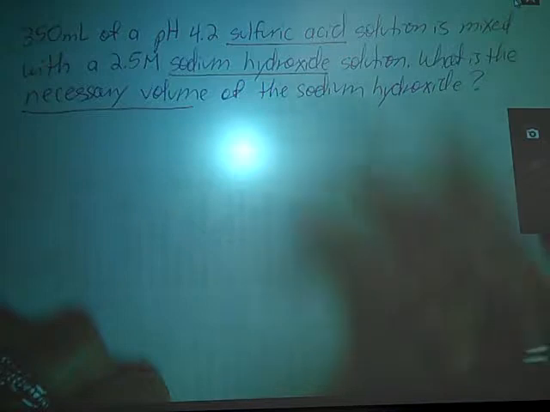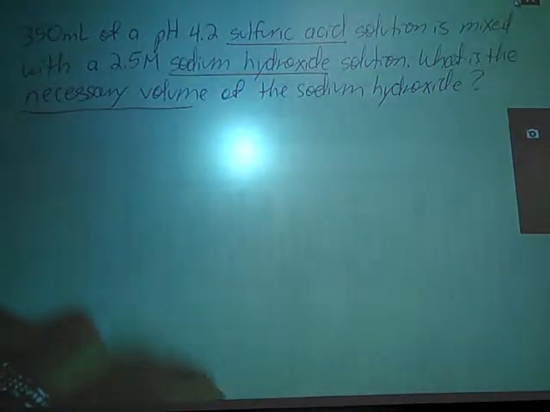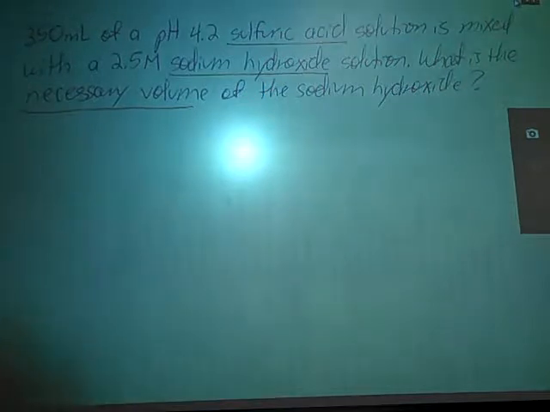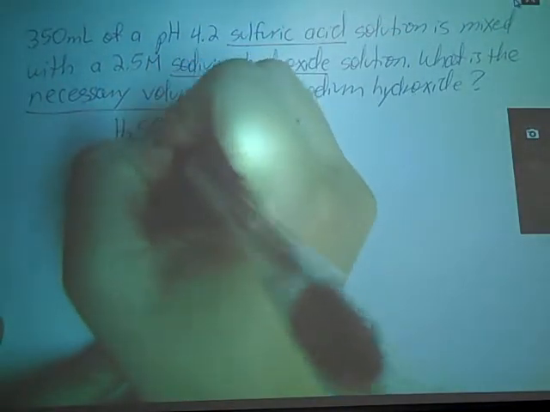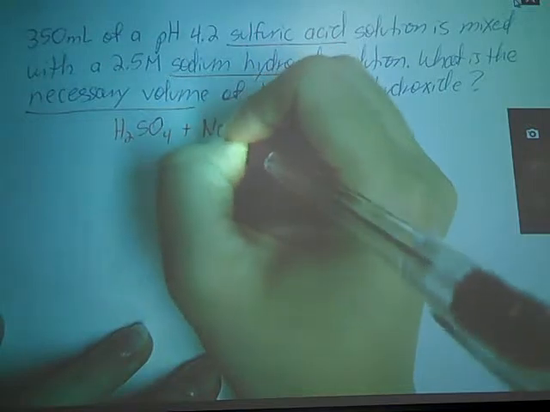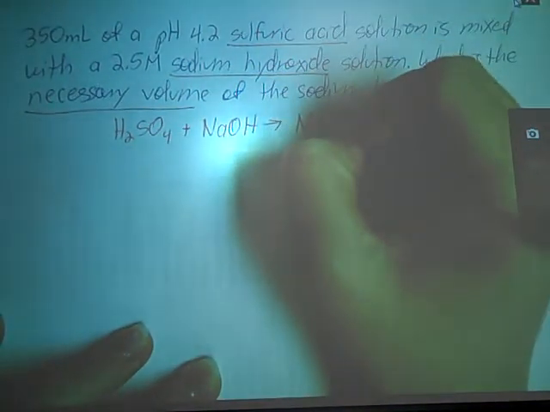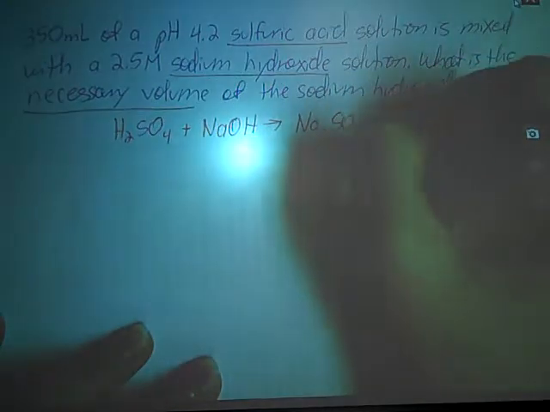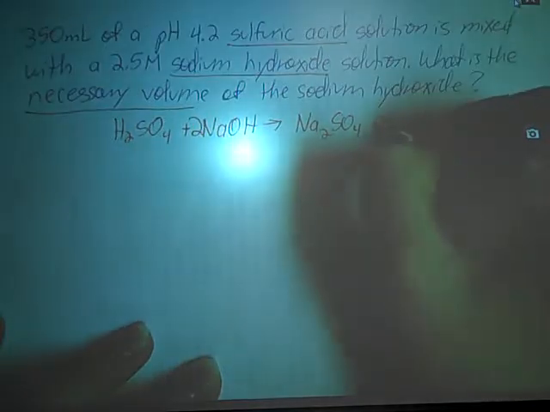And I didn't say in this problem, again, I apologize since I just make these up, but we're assuming we're neutralizing here. What is the necessary volume of sodium hydroxide to neutralize the acid? Anyway, sulfuric acid is H2SO4, sodium hydroxide, so let's see, double replacement, that's going to need a 2, and our water, balance, yay!